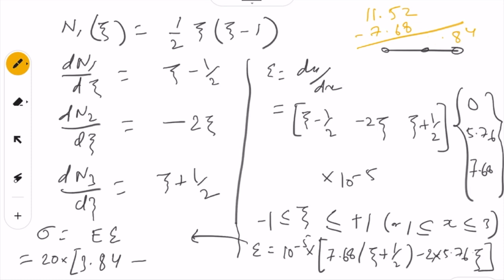So we get exactly 3.84 multiplied by xi.